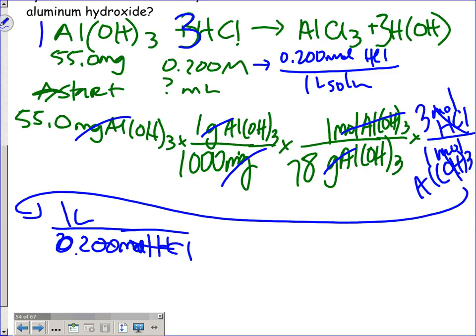And I'm in liters, but the question wasn't liters, the question was milliliters. So my last step would be what on top? 1,000 milliliters is equal to 1 liter, and that liter here would cancel. Woo, doggies. Calculate.